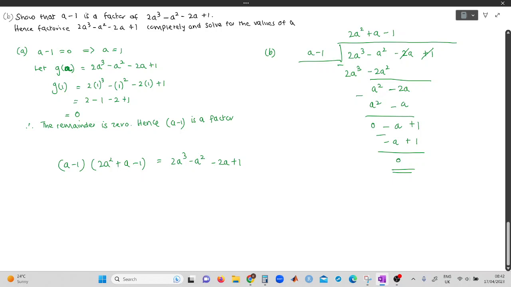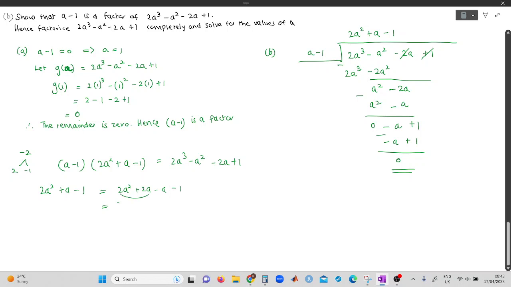Maintenant, okay, I will have to factorize the quadratic expression first. So 2a squared plus a minus 1. How do I factorize this? 2 times minus 1 gives me minus 2. What are the two factors of minus 2 qui va me donner plus 1? C'est 2 retirer 1. Donc 2a squared plus 2a minus a minus 1.